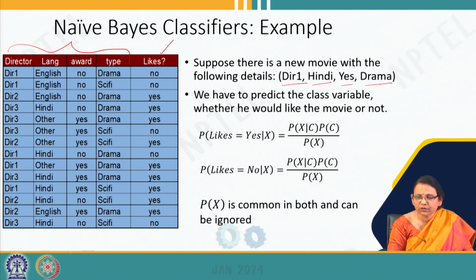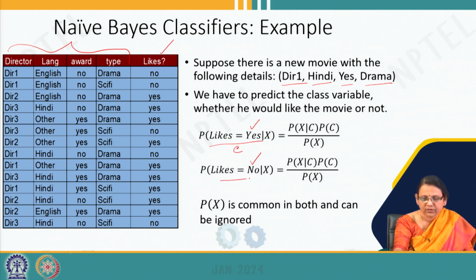So, given this new movie, whether you are going to recommend this to the user or not, that is the problem. What you are supposed to determine is whether the user will like it or not. For this purpose, we have to find out C given x.